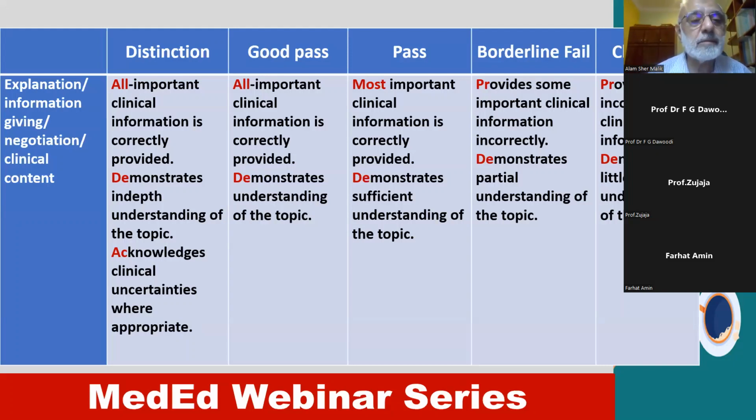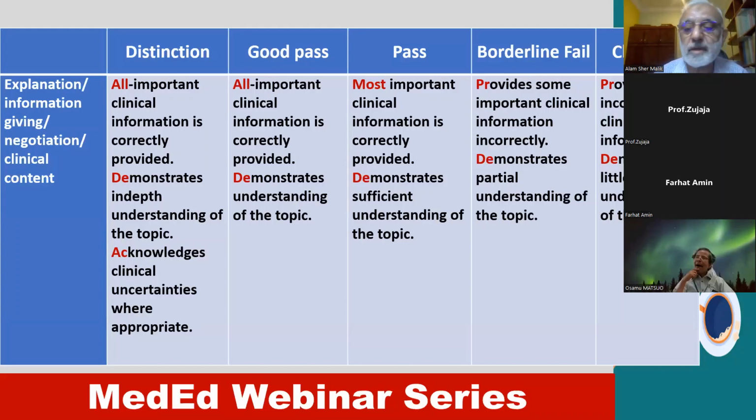So, for example, in the distinction part, number 1, all important clinical information is correctly provided. Number 2, demonstrates in-depth understanding of the topic. And number 3, acknowledges clinical uncertainties where appropriate. And then as we go down the different categories, and based on the identified criteria, we can place the students whether good, pass, or borderline.